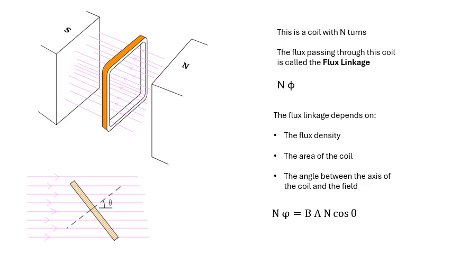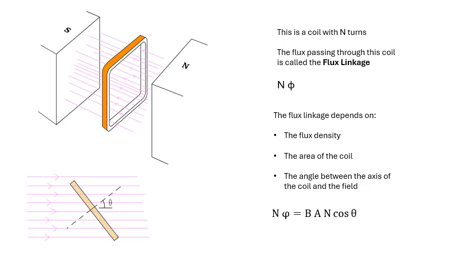The flux linkage will depend on the flux density, the area of the coil, and the angle between the axis of the coil and the field. Looking at the bottom left diagram, if theta is 0, then lots of flux is going through the coil, and NΦ will be BAN, or Φ equals BA.